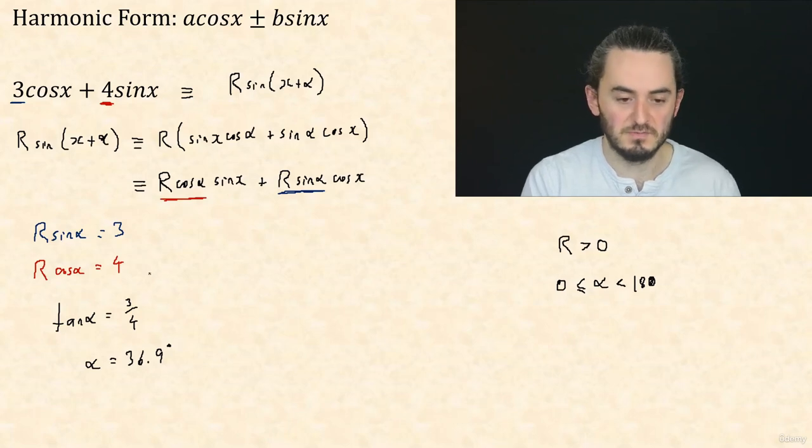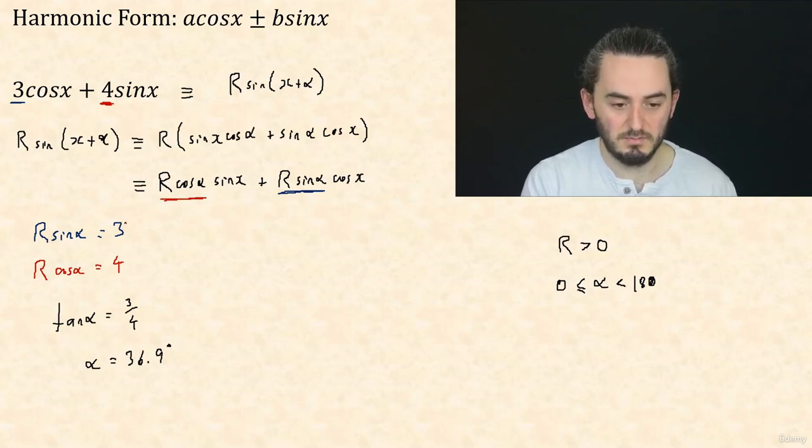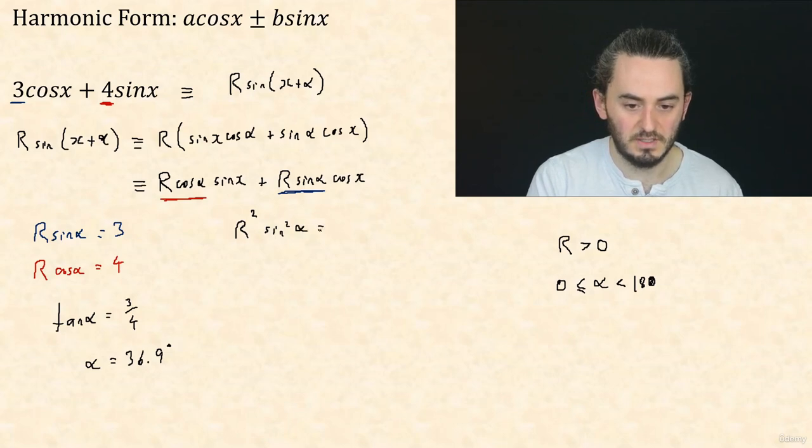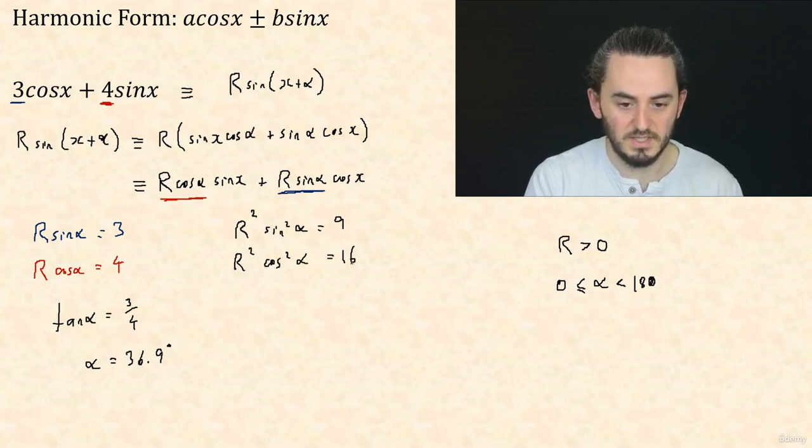Okay, now for the r's. Really clever idea here. I'm actually going to square both sides of both equations. So this top one becomes r squared sine squared alpha, and that's going to equal 9. This one here, I get r squared times cos squared alpha equals 16.